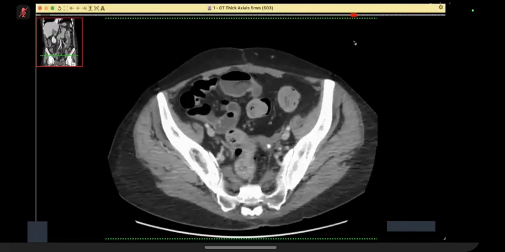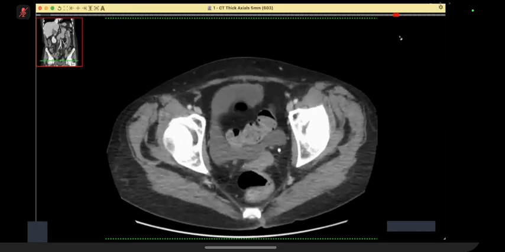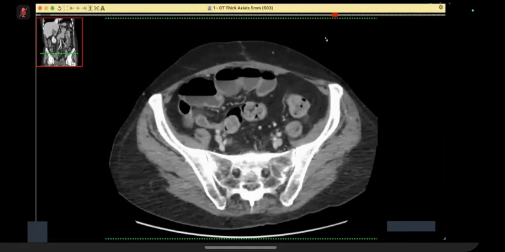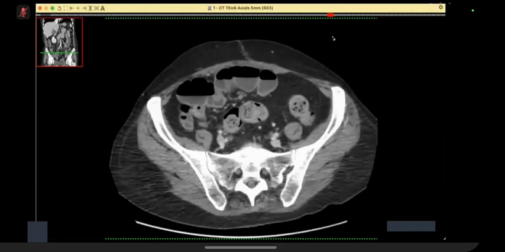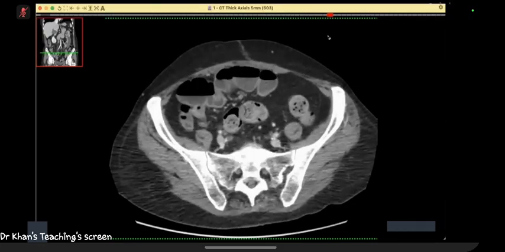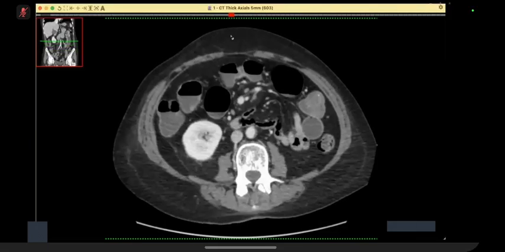I need to see the ileocecal junction. Here is the ileocecal junction. It looks normal. I look for the superior mesenteric artery and vein relation.